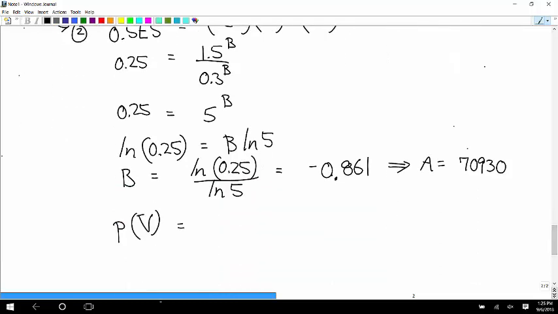Okay, so pressure as a function of volume is 70,930 times volume to the negative 0.861.